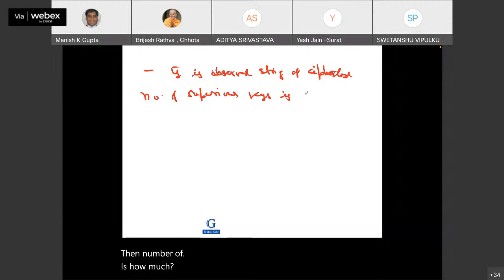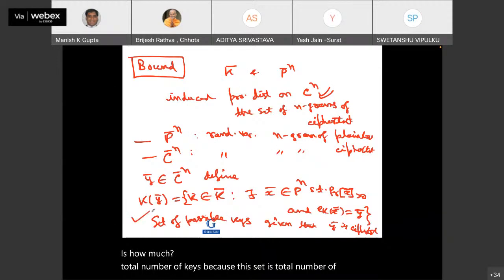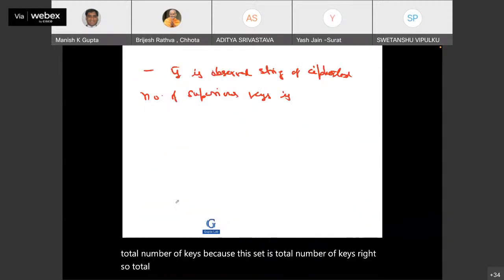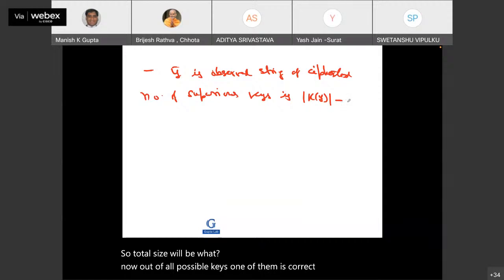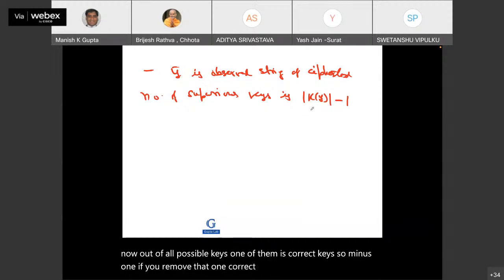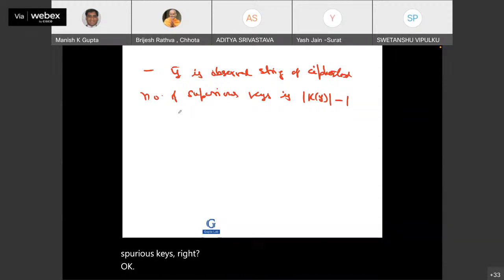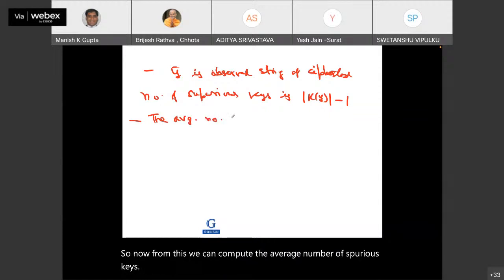The total number of keys, because this set is the total number of keys, right? So the total size will be what? Now out of all possible keys, one of them is the correct key. So the size of Ky minus 1, if you remove that one correct key, is the total number of spurious keys, right? Okay. So now from this, we can compute the average number of spurious keys.